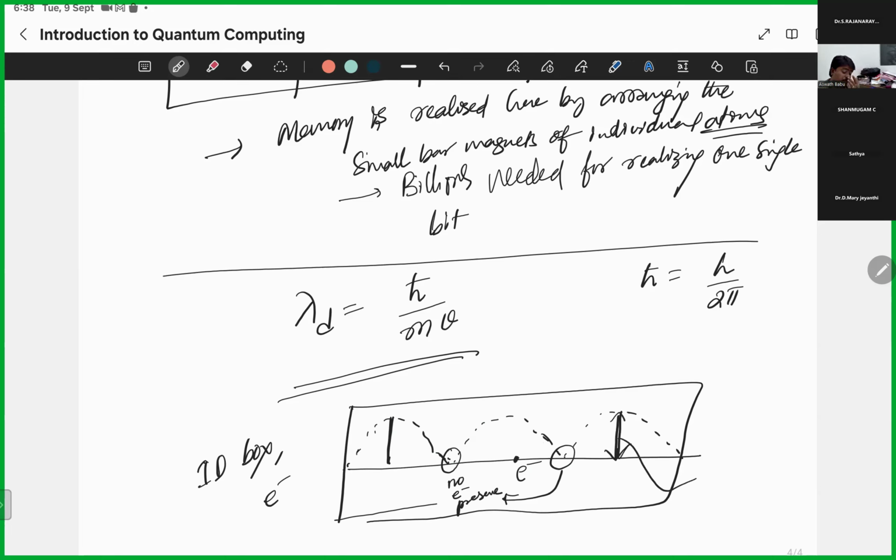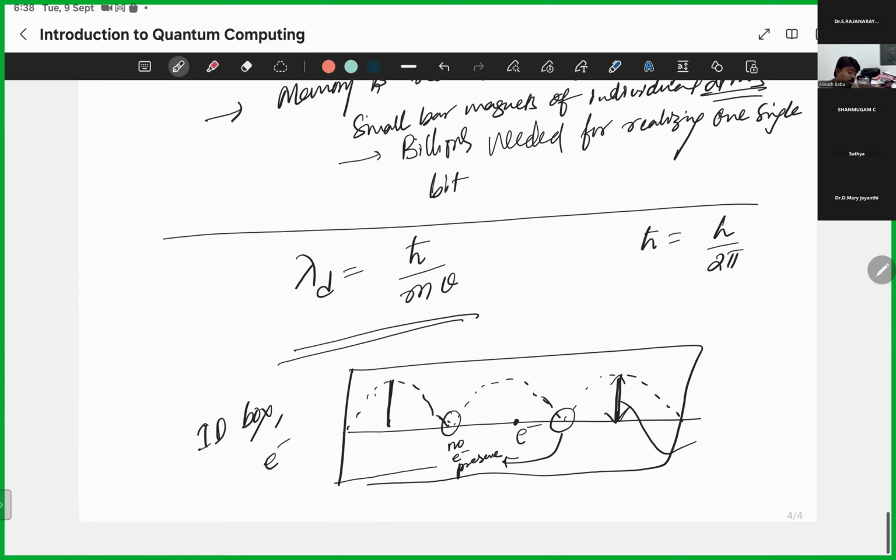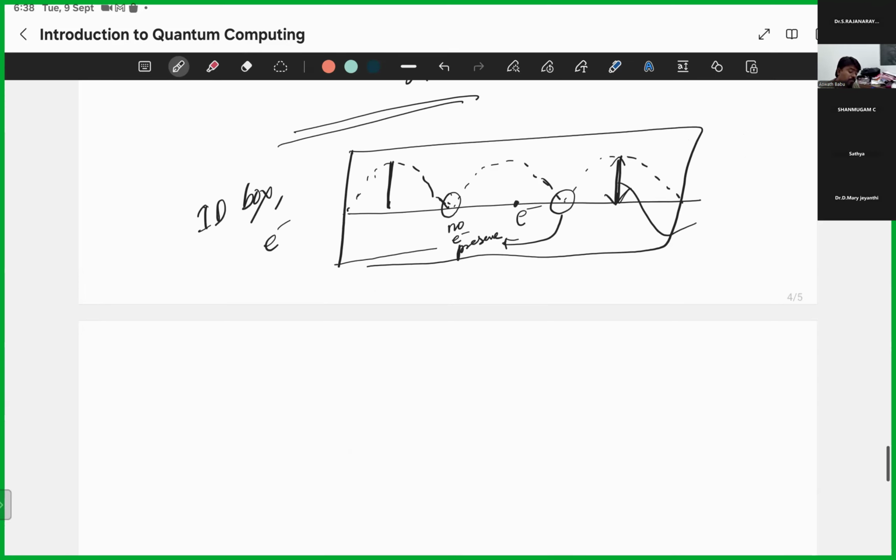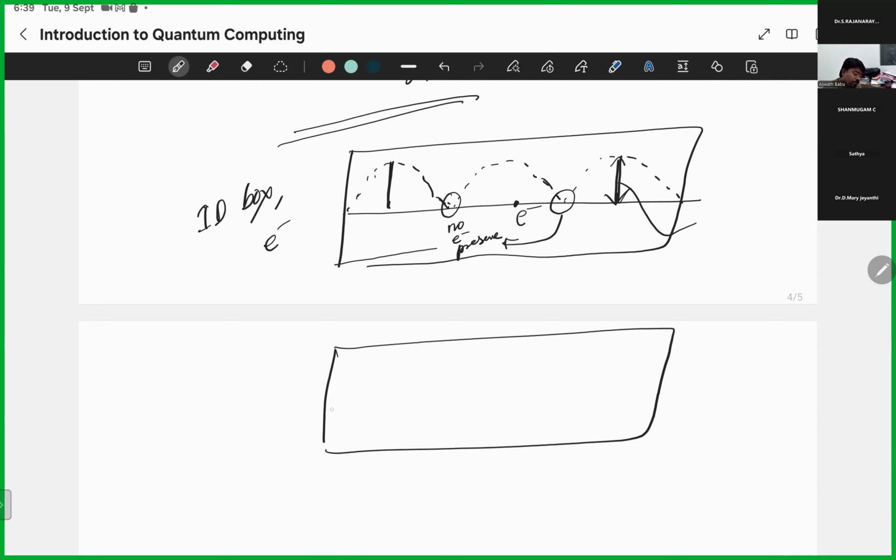This kind of probability distribution is very similar to the wave nature, because if I create a wave, let me draw neatly. Let me draw a straight line. The wave looks like this.